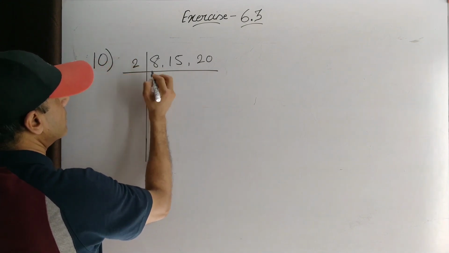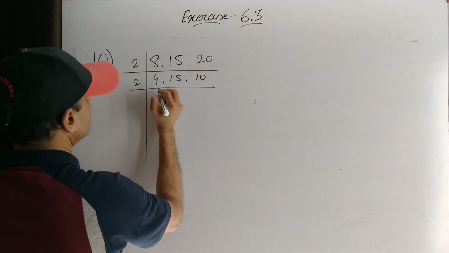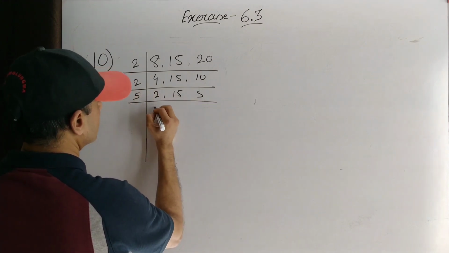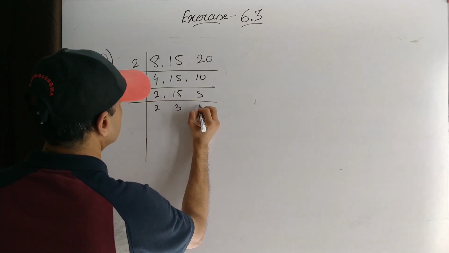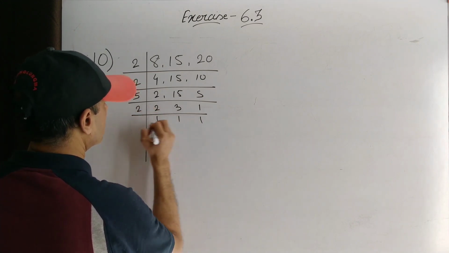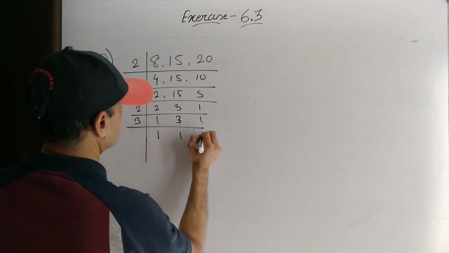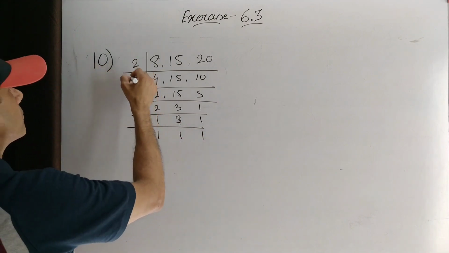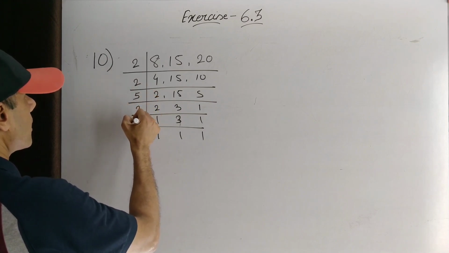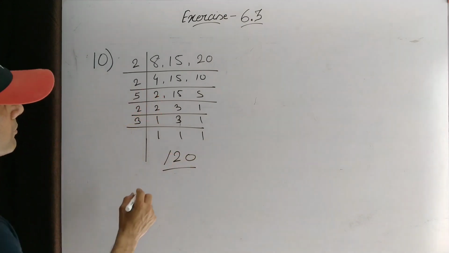LCM of this number, let's start with 10, again 2, 5, so we get 2 into 2 is 4, 20, 40 and 40 into 3 is 120. So we have got 120 as LCM.